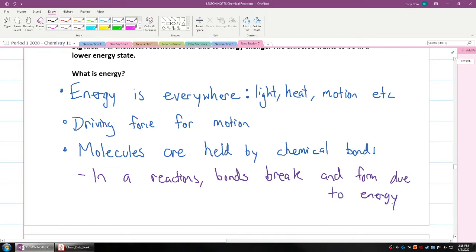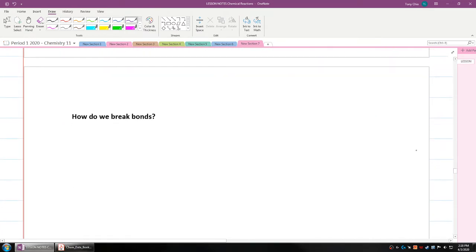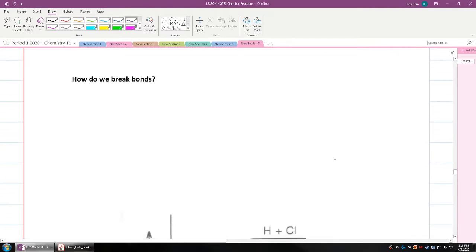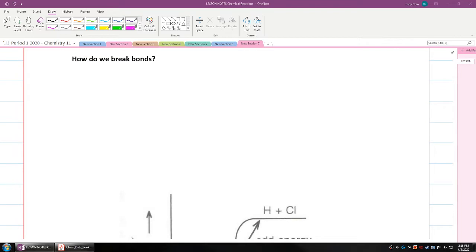So we're going to talk about this in two different ways: how bonds break and how bonds form, and what happens to the energy. We're going to start off with how we break bonds. Let's discuss it in terms of an example.